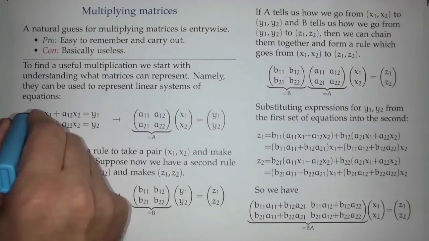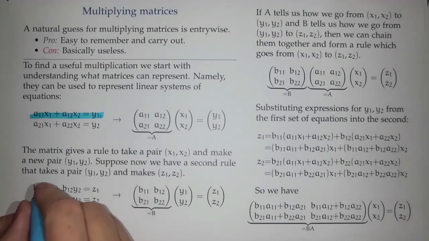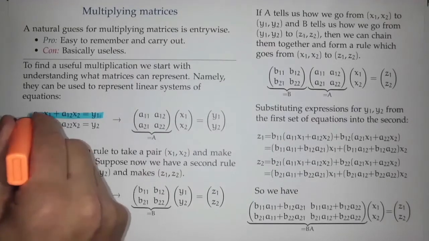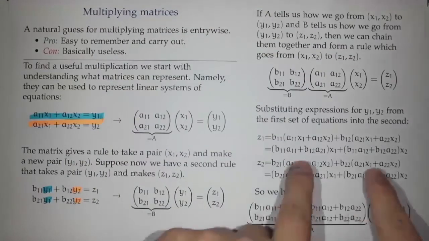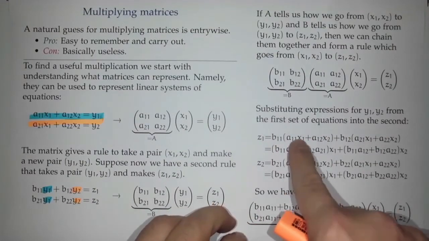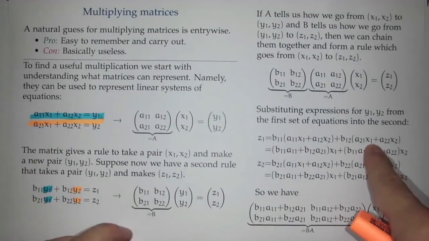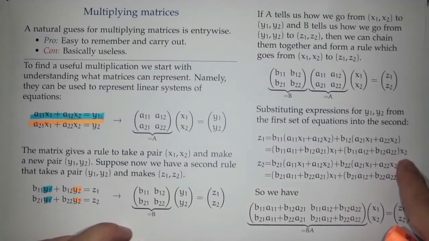We know what y1 is. So what we do is we come and we substitute what y1 is into our expressions for z. We also know what y2 is. And so we substitute for y2. And that's what's happened here. So we substitute y1, we substitute for y2. Here we regroup everything in front of x1, everything in front of x2.